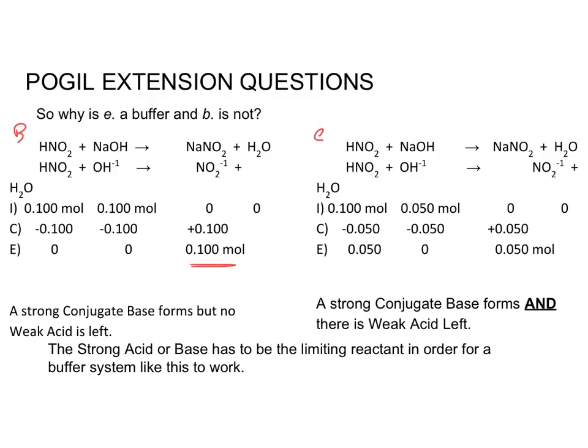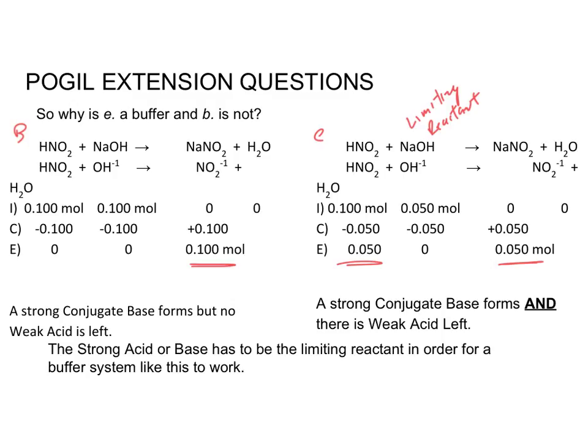Okay? But if you take differing concentrations of the weak acid and the strong base, then what ends up happening is, as long as in this situation the strong base is the limiting reactant, then you do end up producing a specific amount of the conjugate base and a specific amount of the weak acid, and that creates your buffer.